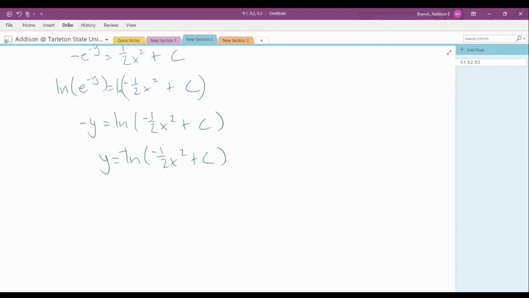But this time, remember, they gave us our initial condition. So we need to solve for c. We have 0 is equal to the negative natural log of negative 1/2 times 0 plus c.